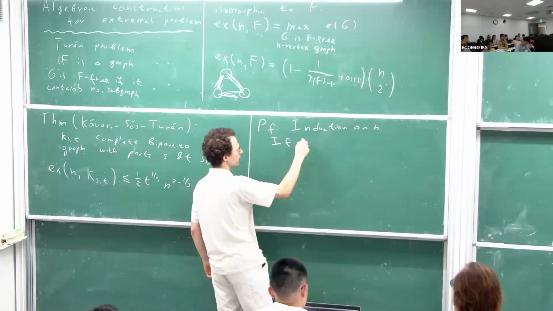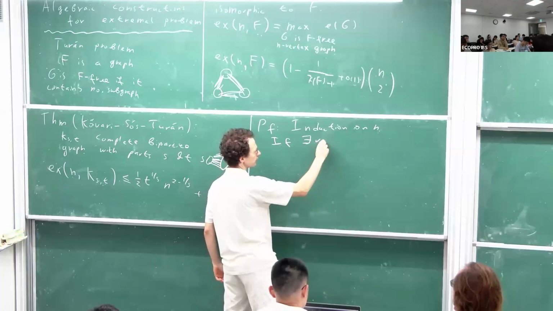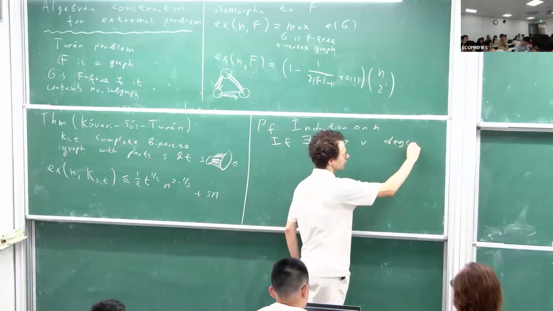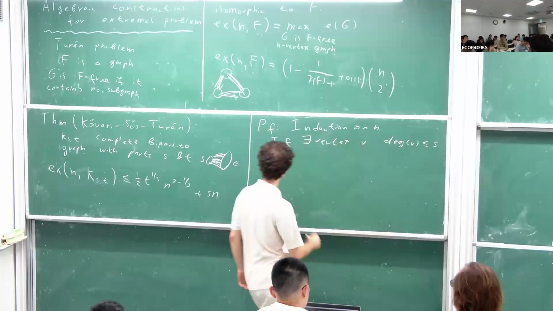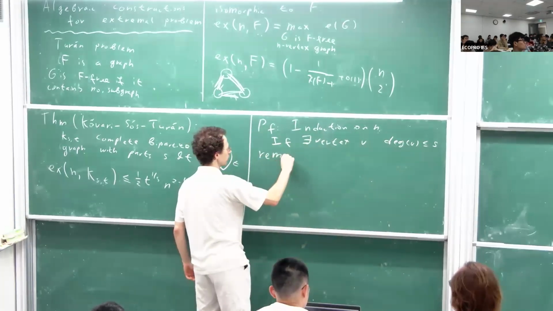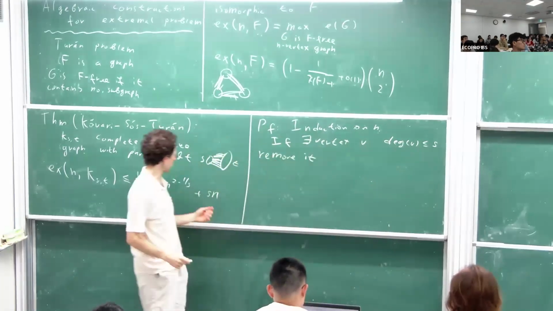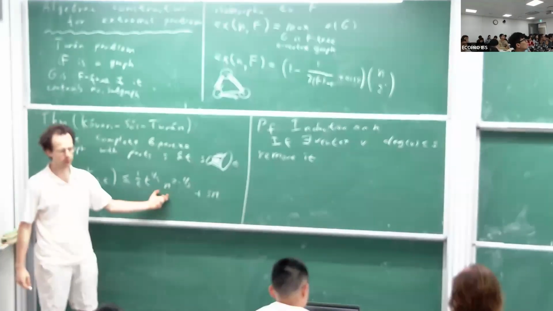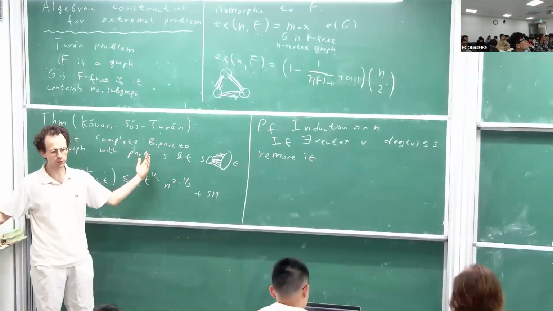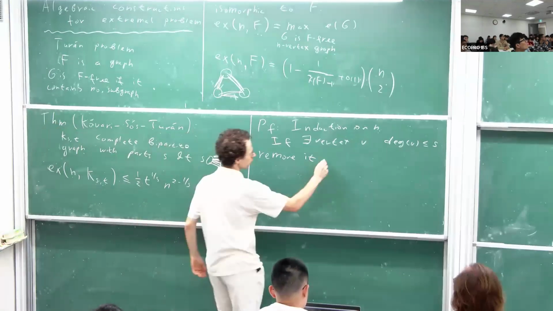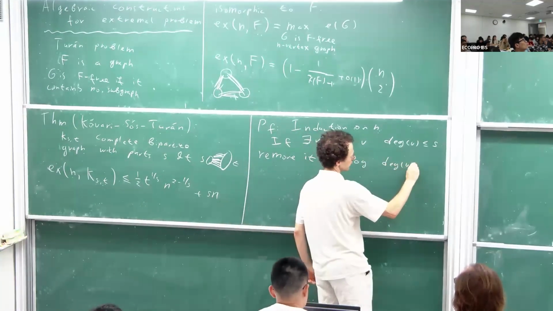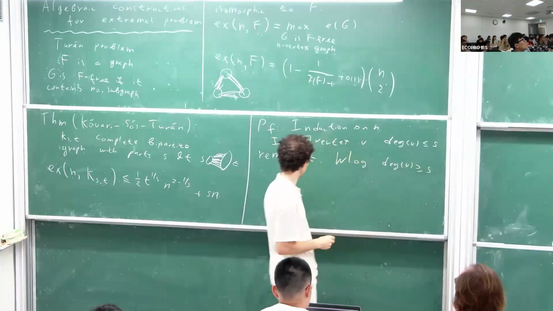If there exists a vertex whose degree is less than s, we can remove it and induct. Right? This term becomes n minus 1. Okay, this is even bigger, so we can just induct. So without loss of generality, the degree of every vertex is at least s.